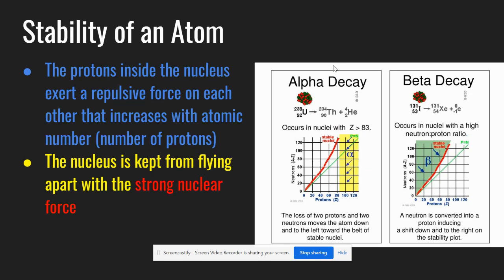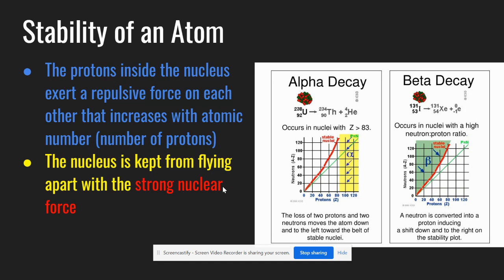The protons inside the nucleus don't like each other, right? Because like charges are going to repel. So the protons try to get away. And there is something called the strong nuclear force that actually keeps them together. And the more protons that we have, the stronger that force has to be.